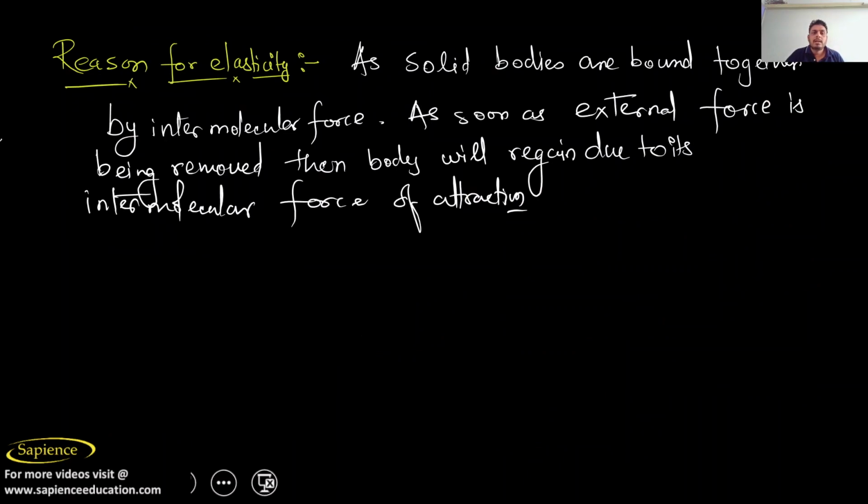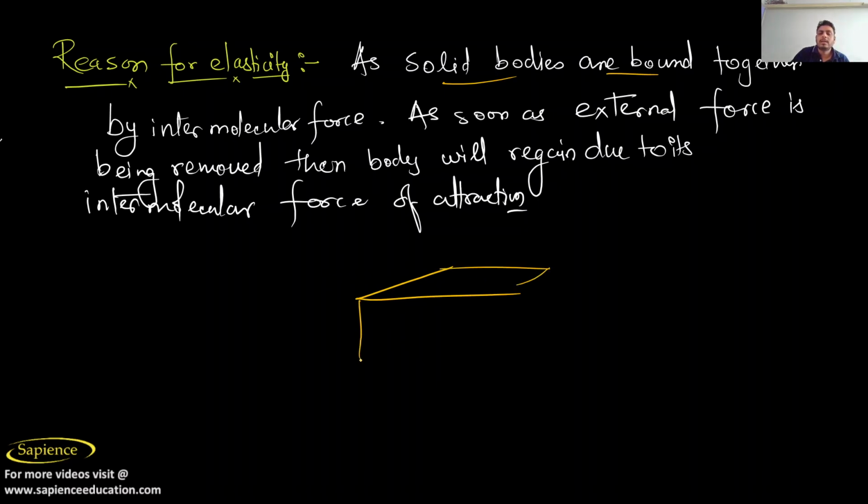Now let's go to a different topic. What is the reason for elasticity? You know why the body is able to have elastic property. Solid bodies are bound together by intermolecular forces. There are lots of intermolecular forces there because there are atoms like this.